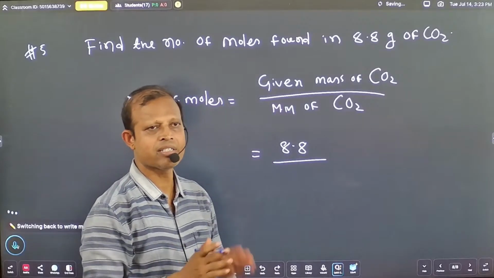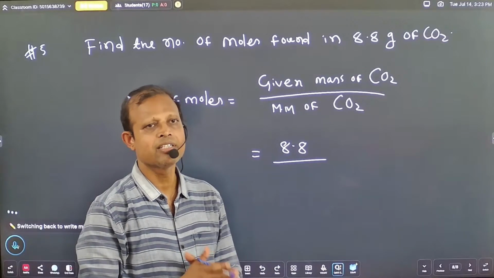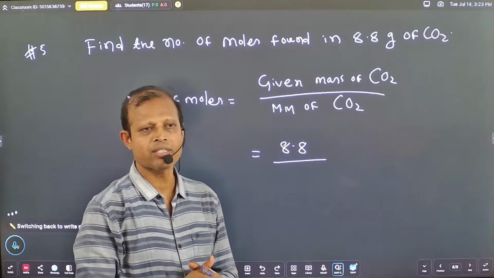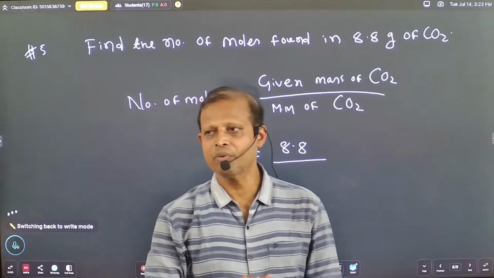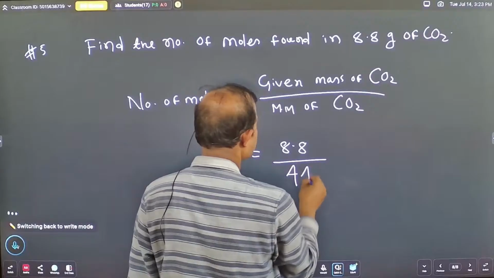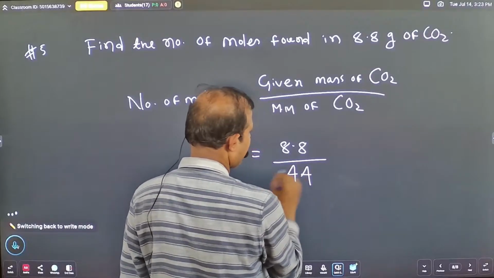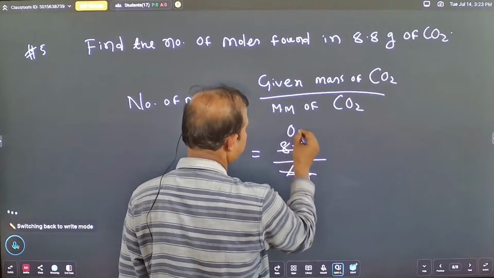Carbon has atomic mass 12 and oxygen has atomic mass 16. So 12 plus 2 into 16 becomes 44 unit. So 8.8 upon 44 is 0.2.